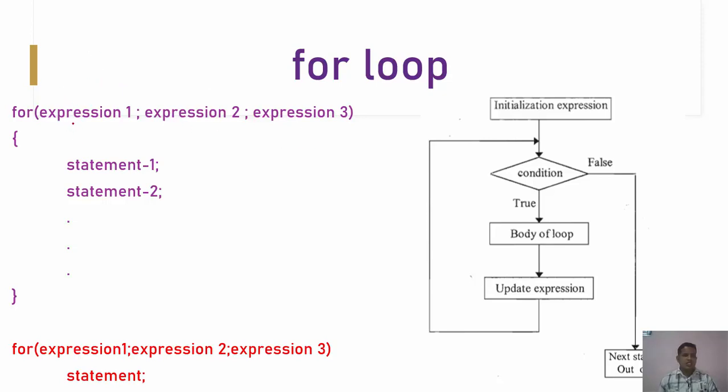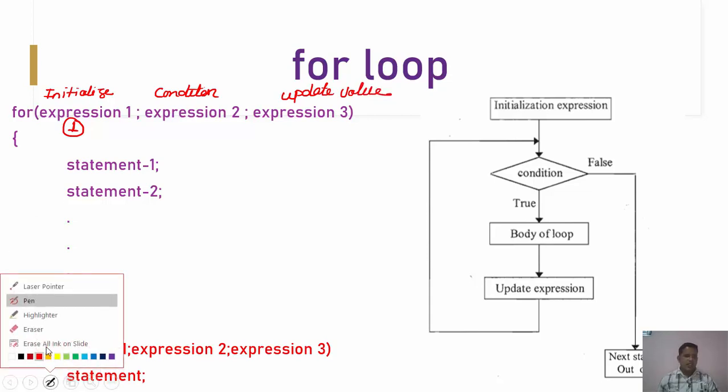Expression 1 is executed only at the beginning of the for loop. This is the first activity. Then expression 2, I will write here as initialization or initialize. Second, it is a simple condition to check, and the third one is an update value. Value of what? Value of the variable.